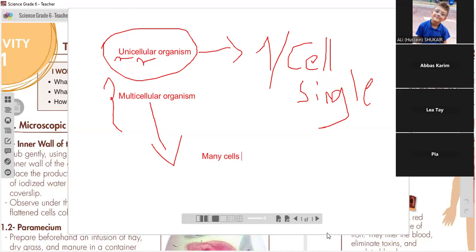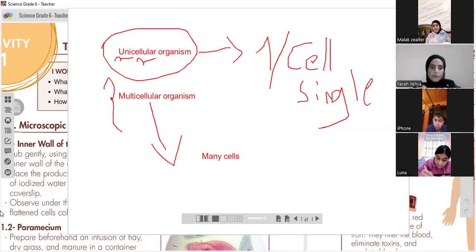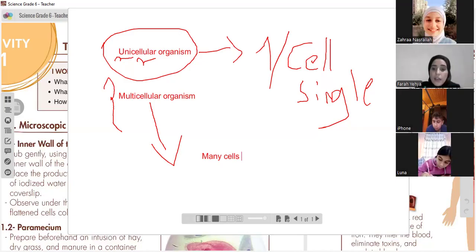An animal cell. Yes, excellent. Red blood cells, meaning from the people. Yes, exactly. Issam. The banana cell. Nour Alaw. Excellent. Green onion cell. Yes, excellent.